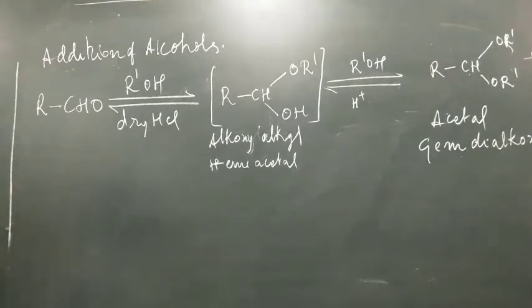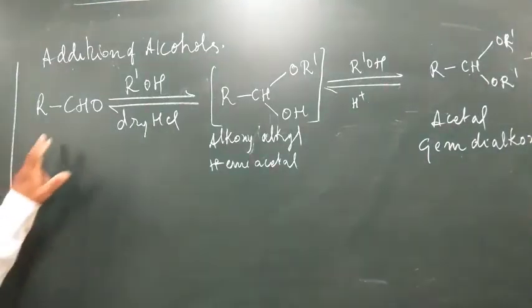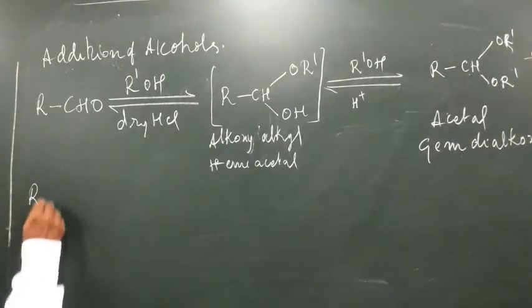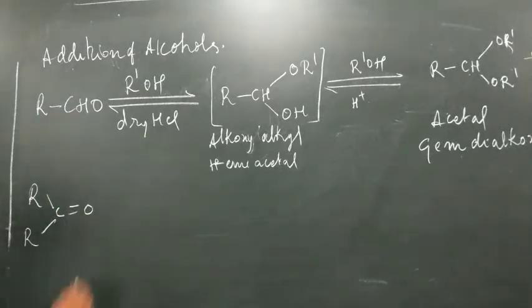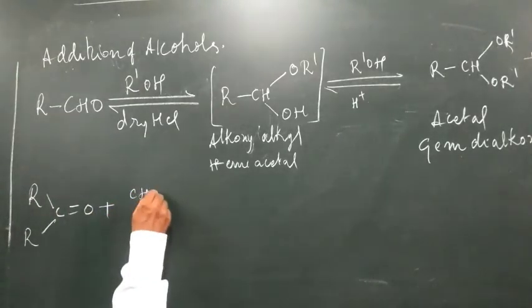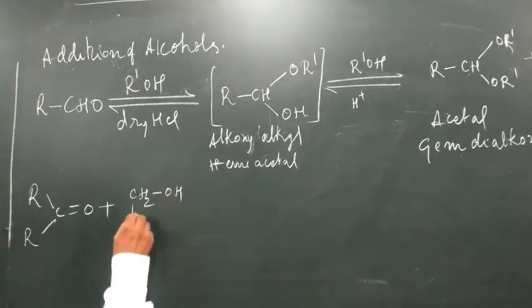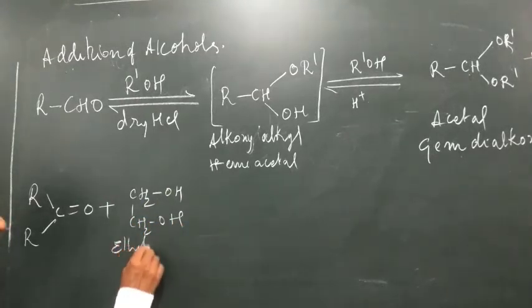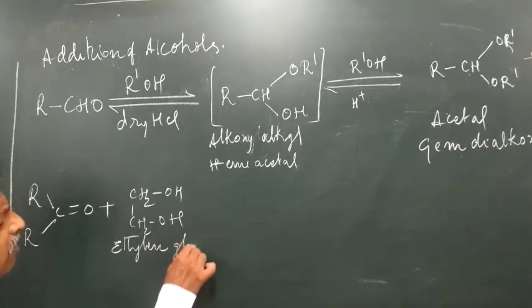Ketones, on the other hand, combine with ethylene glycol to form a cyclic compound as shown. RCOR plus CH2OH, CH2OH. This is ethylene glycol.